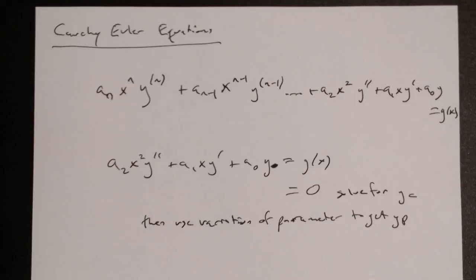Okay, wait a second. There's a distinct advantage that Cauchy and Euler noticed here. Y double prime, but I have an extra x squared. Y prime, but I have an extra x. So if I had a power of x going on here, what happens when you take the derivative of any power of x?